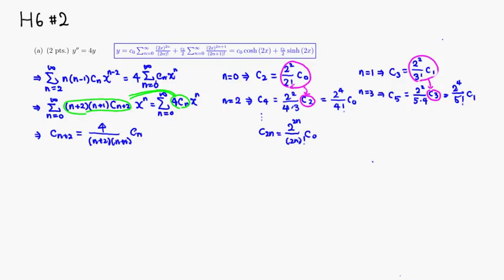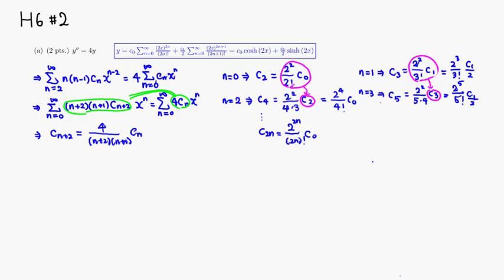Instead of writing 2 squared, because I want a 2 cubed, I'm going to write 2 cubed over 3 factorial, and then divide by 2, so c1 over 2. Same thing here, I'm going to put 2 to the 5th over 5 factorial, with c1 over 2.